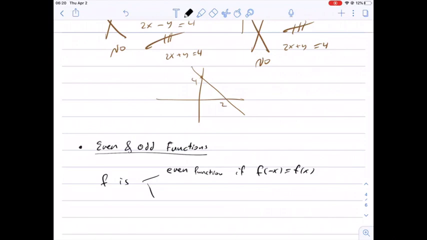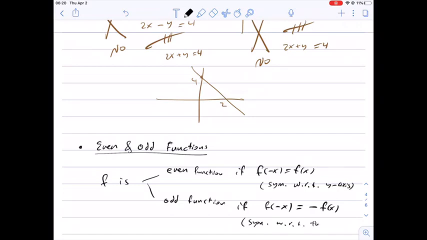So if we substitute negative x, we get the same function. That means the graph is symmetric with respect to the y-axis. And the function is odd if f of negative x gives us negative f of x, and that means it's symmetric with respect to the origin.